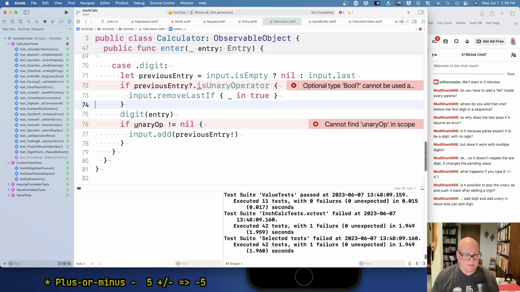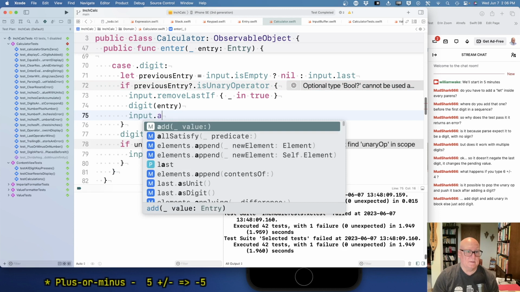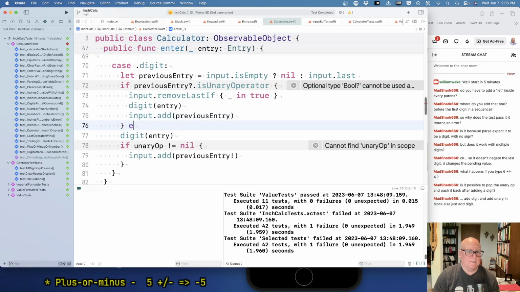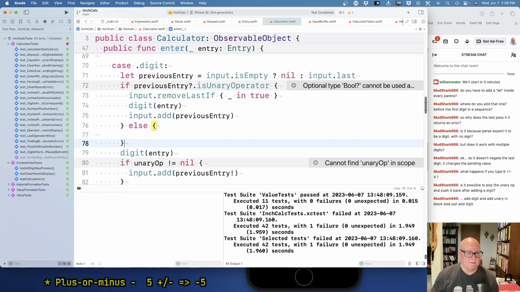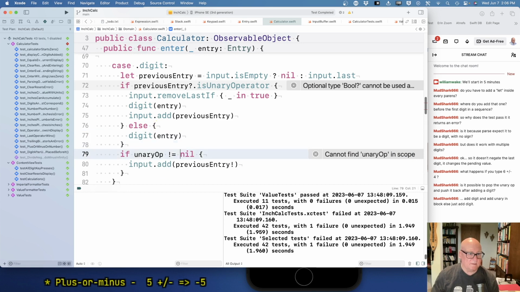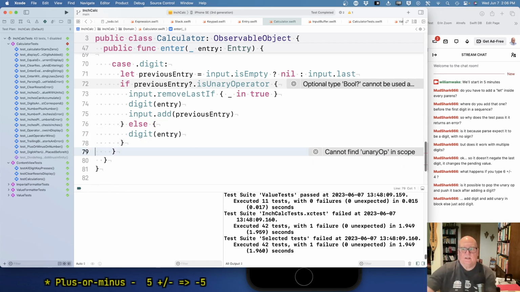Basically make the two branches totally separate. Otherwise, just do the digit. Okay, now see if we can get this straight.